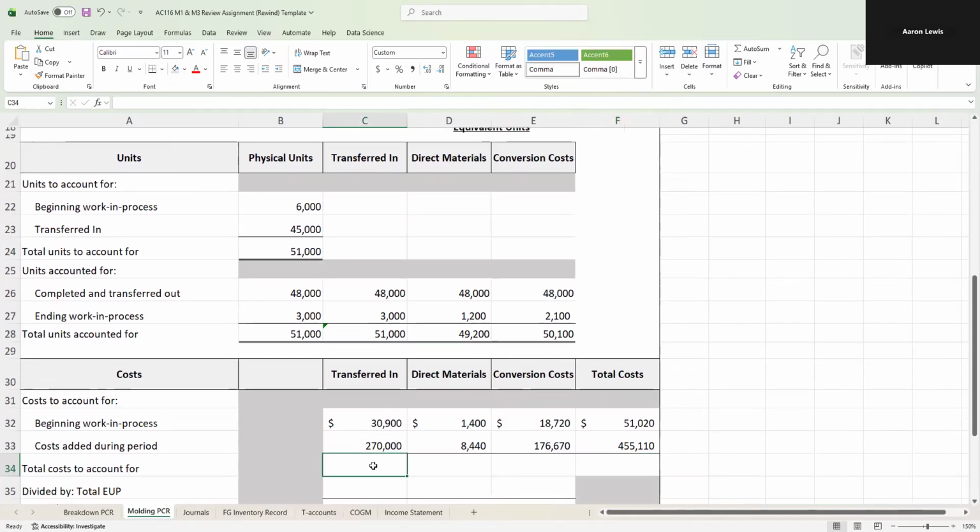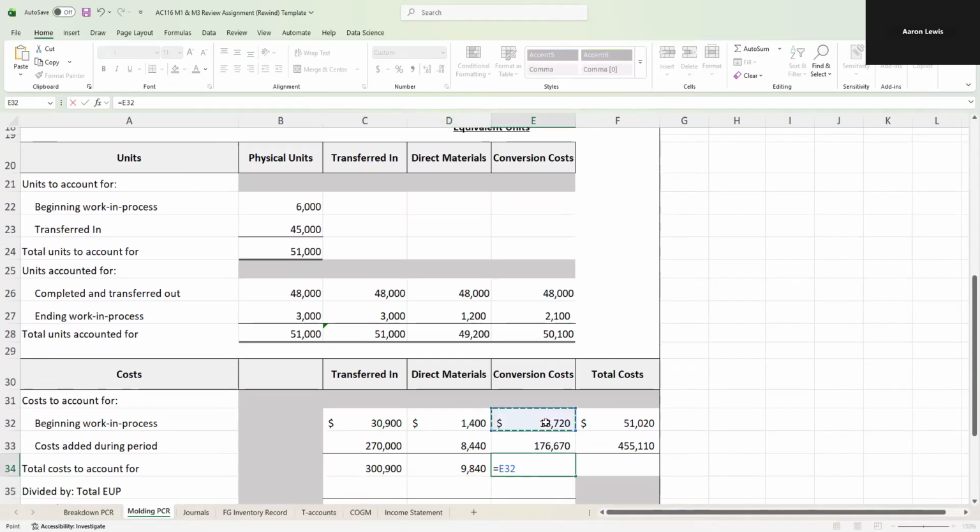But add what was in beginning WIP to what was added during the period, and you get the total amount of costs you have to account for. We've got to account for $300,900 of transferred in costs. We're going to need to account for a total of $9,840 in material costs.